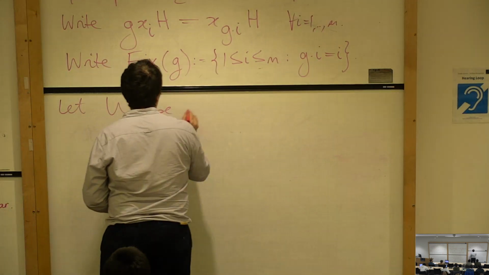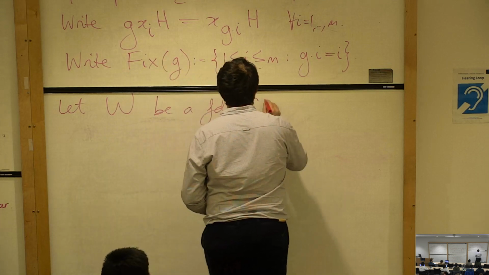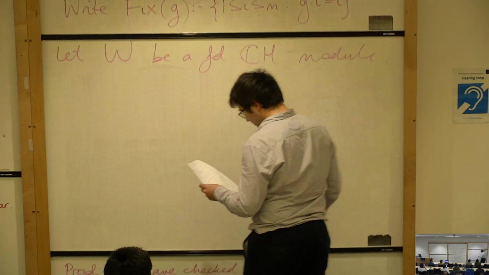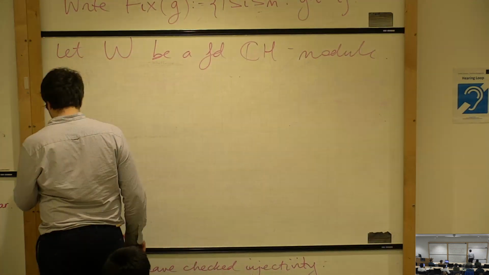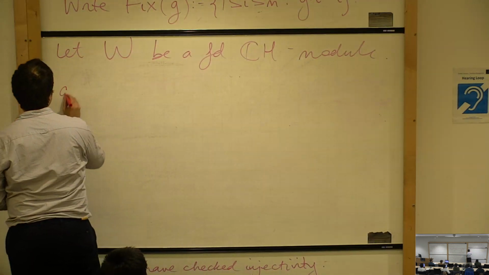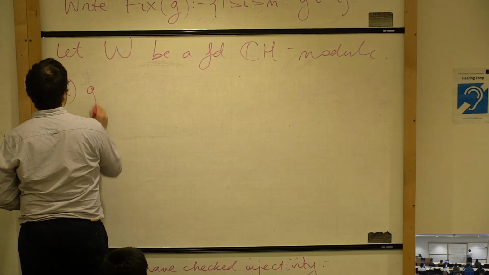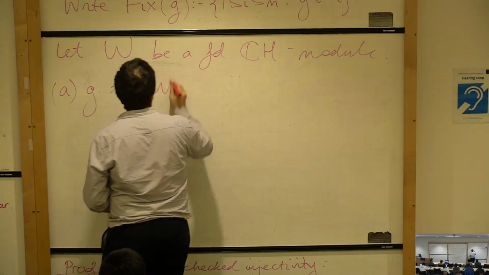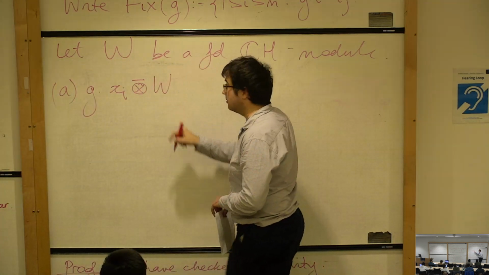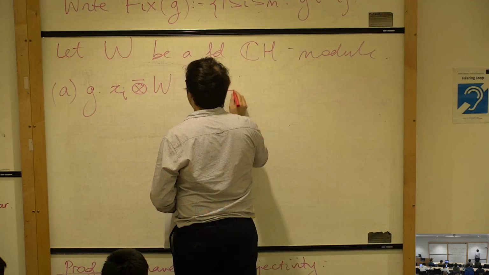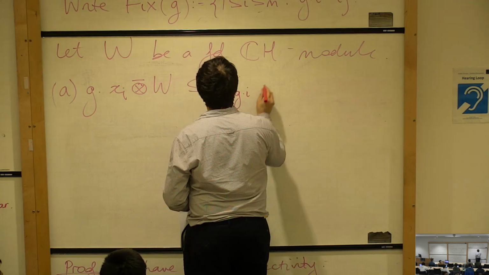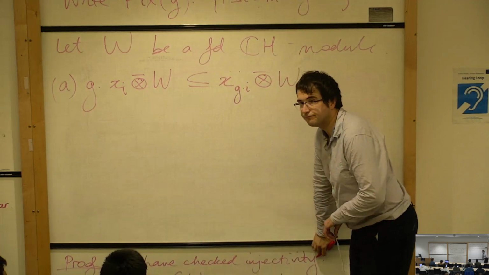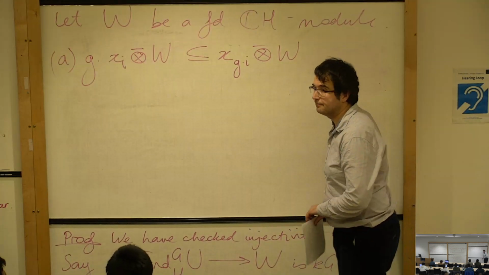So let W be a finite dimensional CH-module. So finally I switch to the nodes. Then the following things happen. First of all, g sends this block, or this direct summand of the induced module, into the corresponding direct summand, in this precise way.